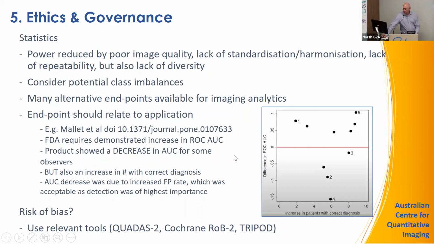But what this group showed was that they were occasionally having decreases in accuracy, measured by a difference in ROC curve, but an increase in the potential to diagnose the treatment. The main reason for that was they were detecting a lot more false positives, but they didn't care because what their algorithm was trying to do was just be sensitive. So false positives were fine. So it depends on what your outcome is that you're after.